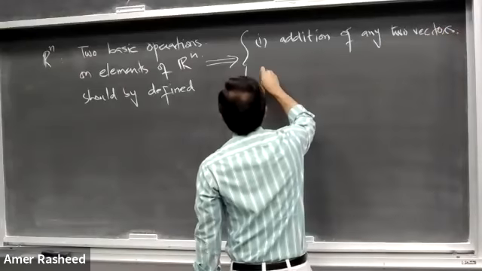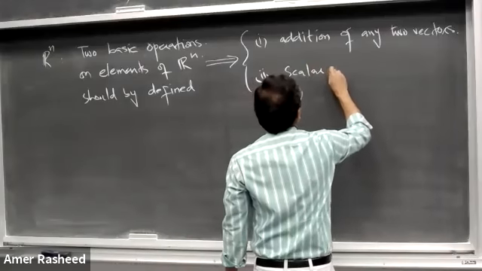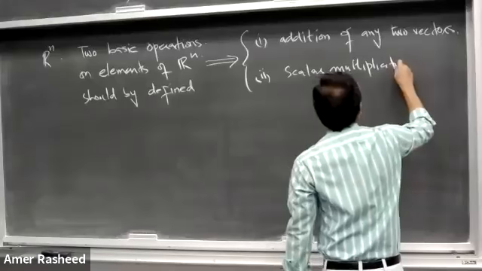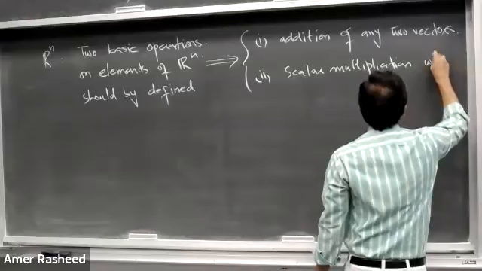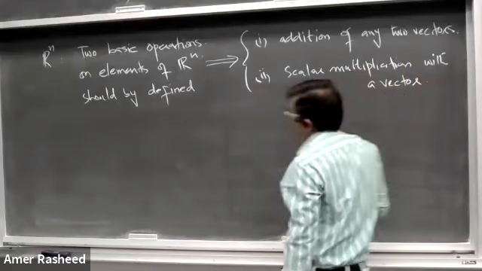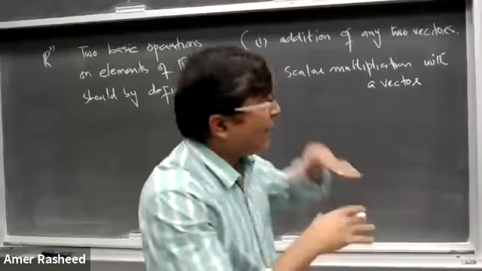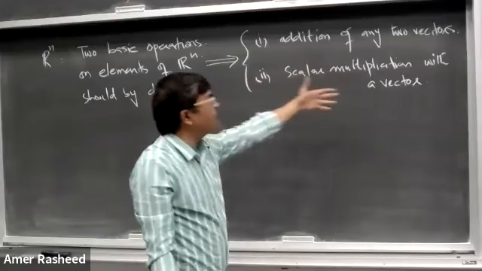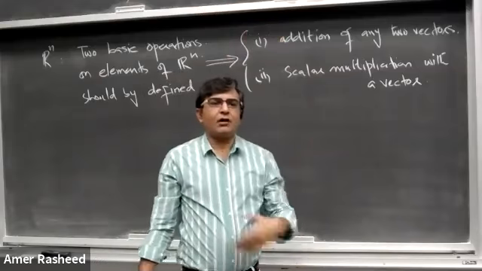And number two, scalar multiplication with a vector. These two basic operations should be defined. By using the definition of addition of two vectors and scalar multiplication, we can prove all these properties for Rn.